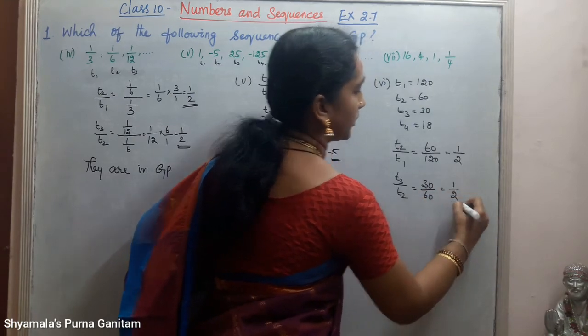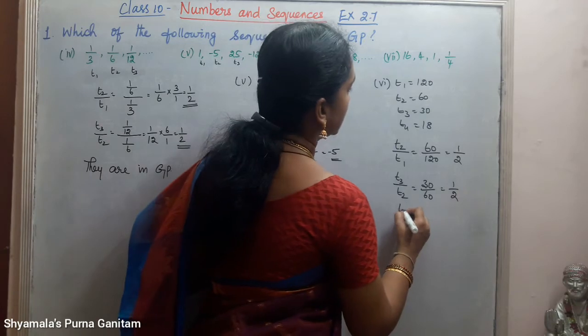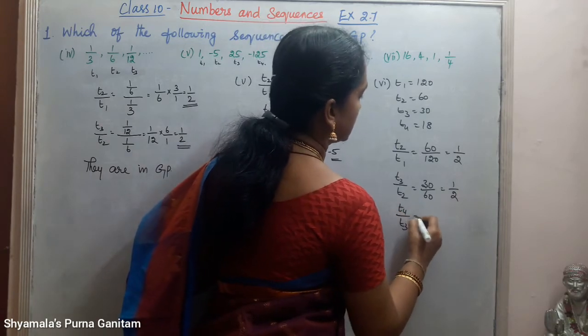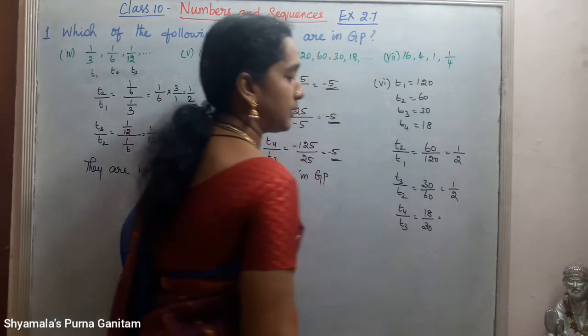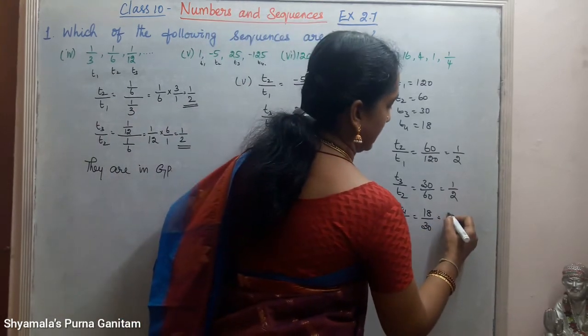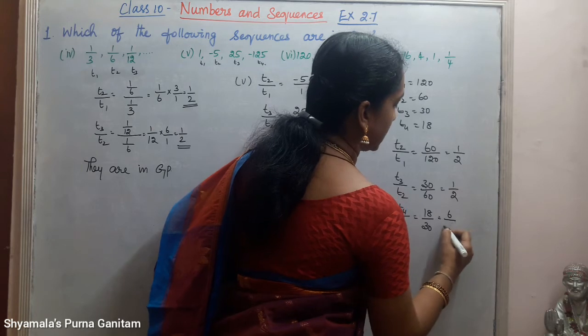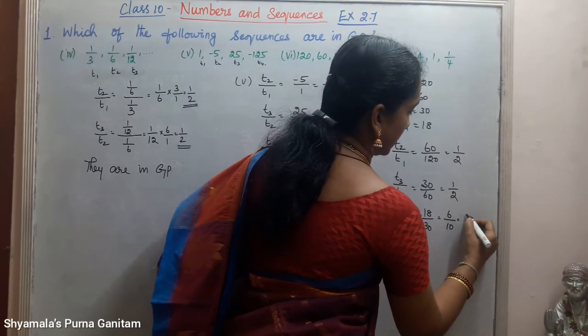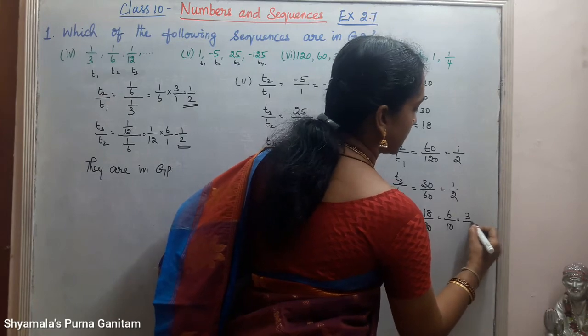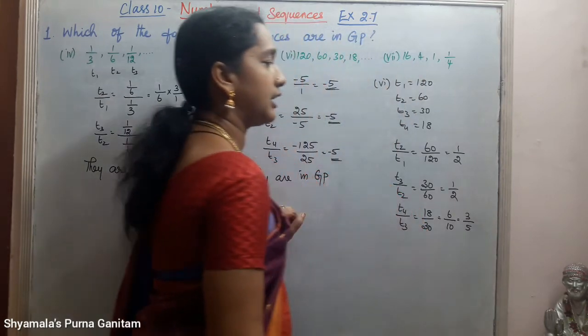This is also equal to 1 by 2. Then T4 by T3 is equal to 18 by 30. So when we simplify this, 3 6s are 18 and 3 10s are 30. Again when we simplify this, 2 3s are 6, 2 5s are 10. So we are getting 3 by 5.